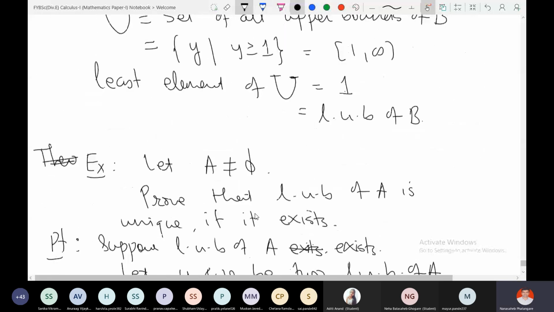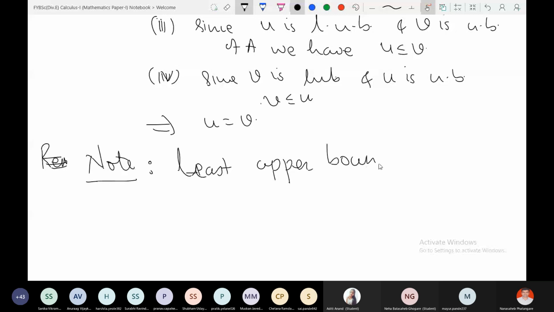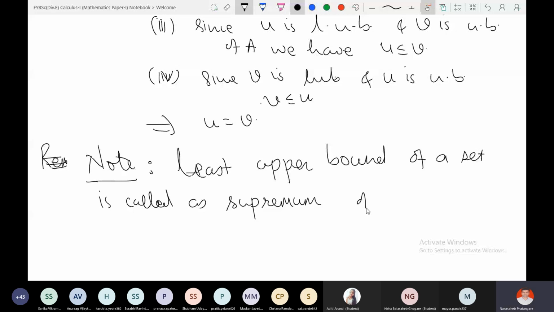Okay, so note: the least upper bound of a set is called the supremum of the set.